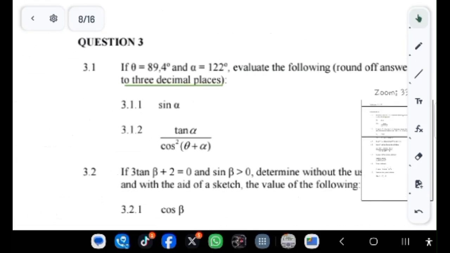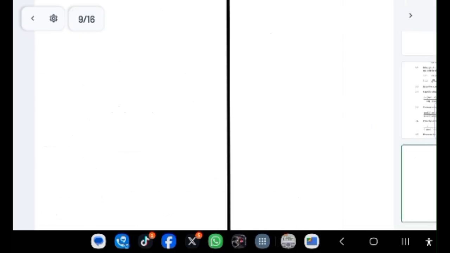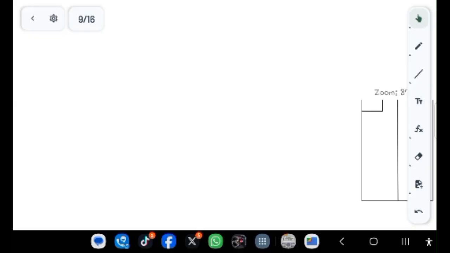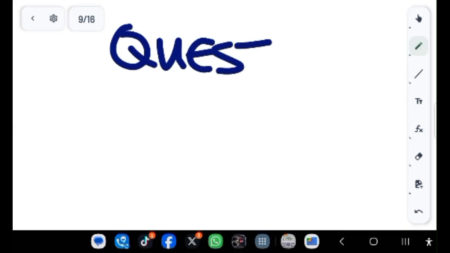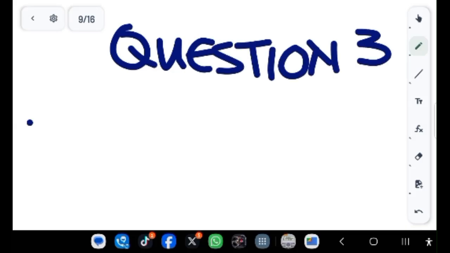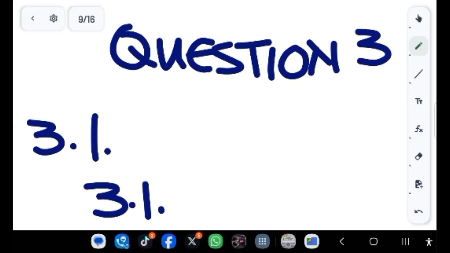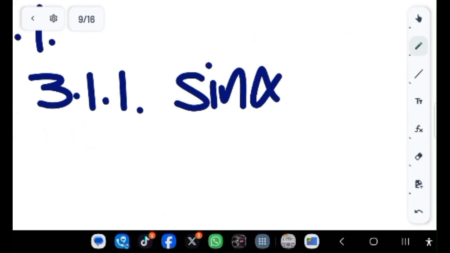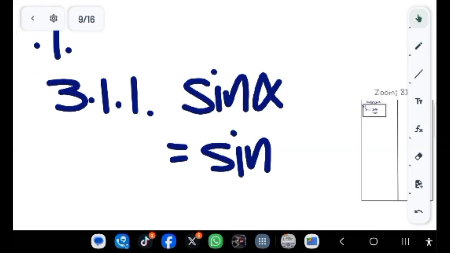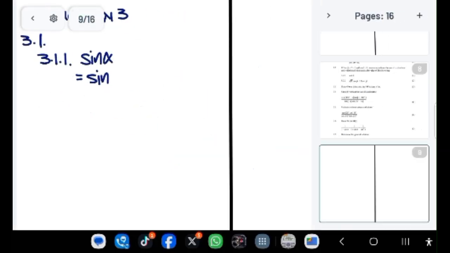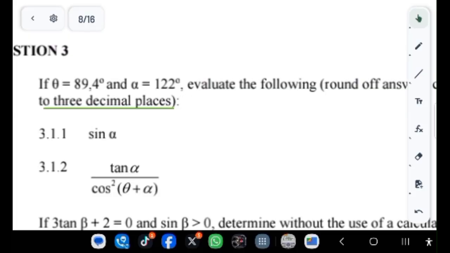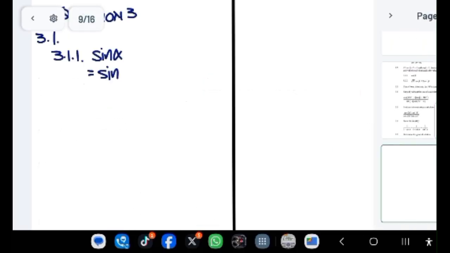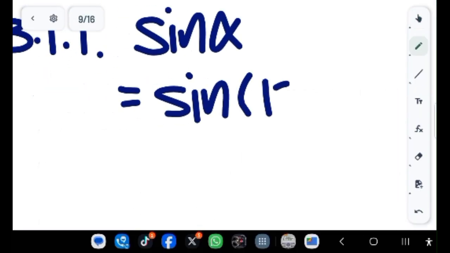3.1.1, sine of alpha. We're supposed to calculate the sine of alpha. It will be equal to the sine of 122 degrees.